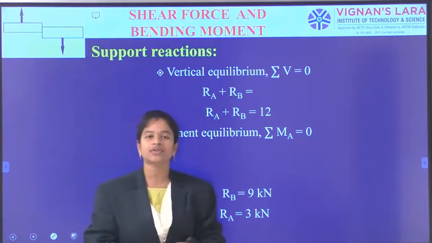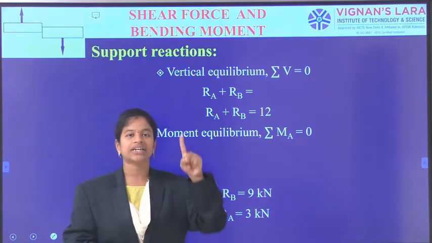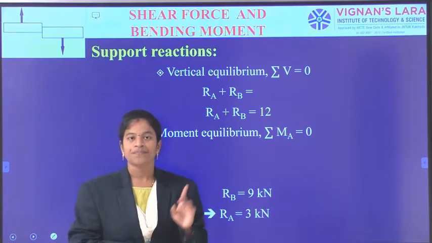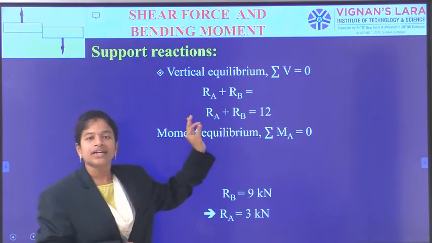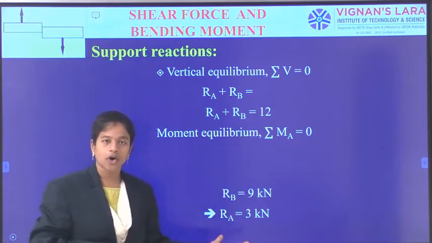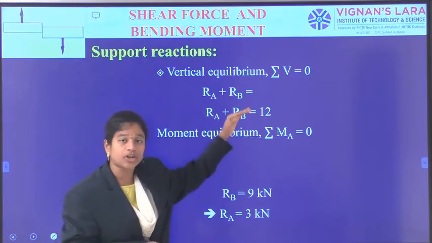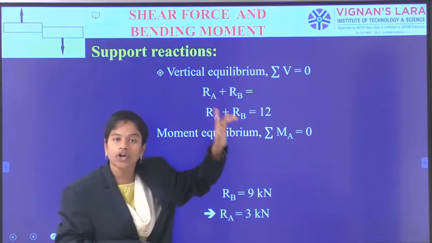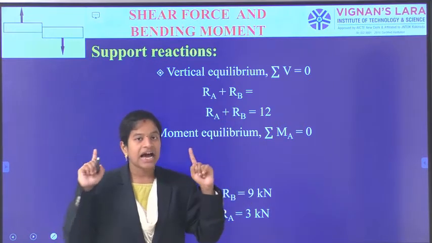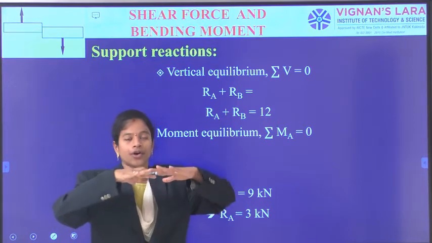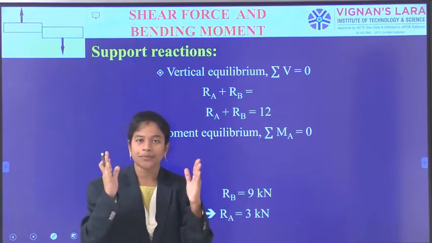How will we calculate those? I indicate the vertical reaction at A as RA, and the vertical reaction at B as RB. Using the vertical equilibrium condition, the summation of all upward forces is equal to the summation of all downward forces. So, RA plus RB is equal to the total downward load on the whole beam, not only up to AB.